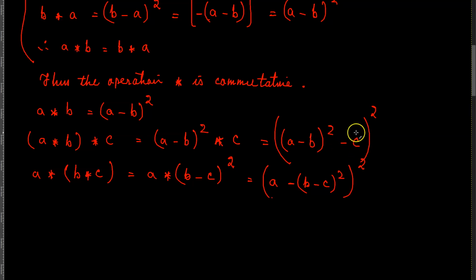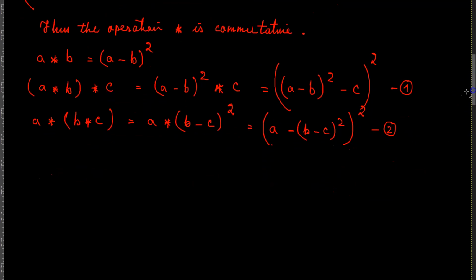Now of course if I call this 1 and if I call this 2, you can easily see that these are not the same things, because 1 is going to give me basically A squared plus B squared minus 2 times AB and minus C. That is going to be the value of, and of course raise the whole thing to the second power.